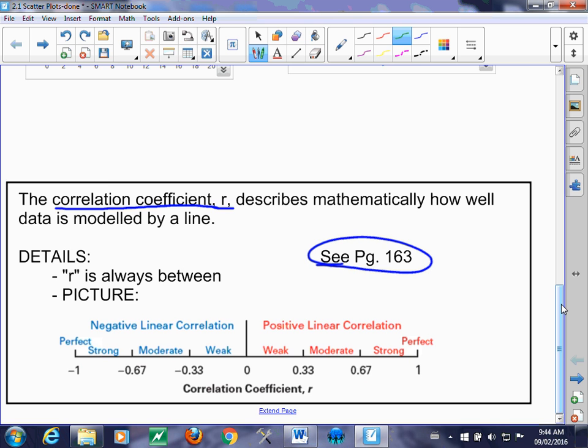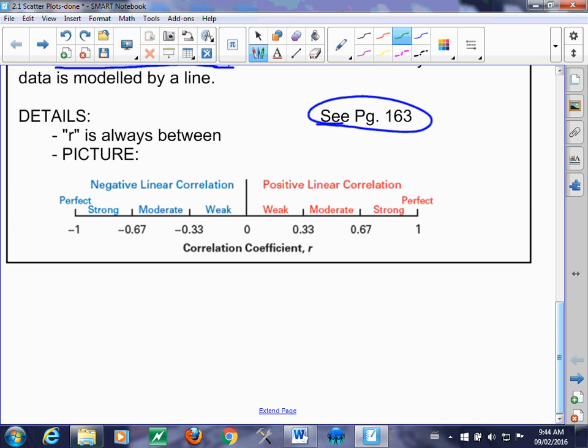In your textbook, according to the people who wrote that textbook, they qualify the range for weak, moderate, and strong into thirds. So think about it. Weak is the first third, moderate is the second third, and strong is the last third.